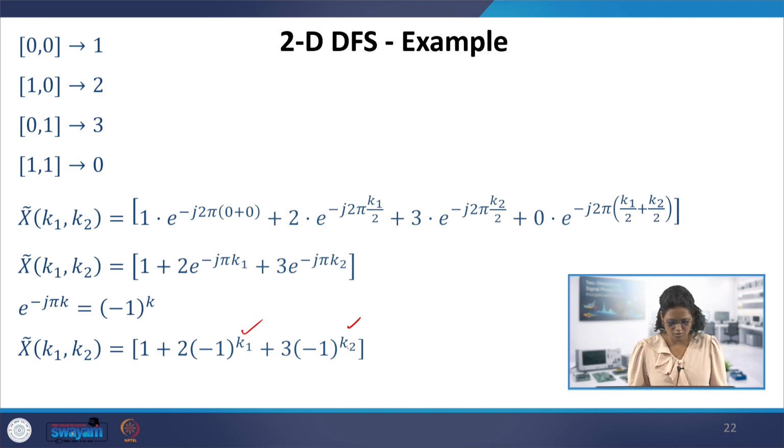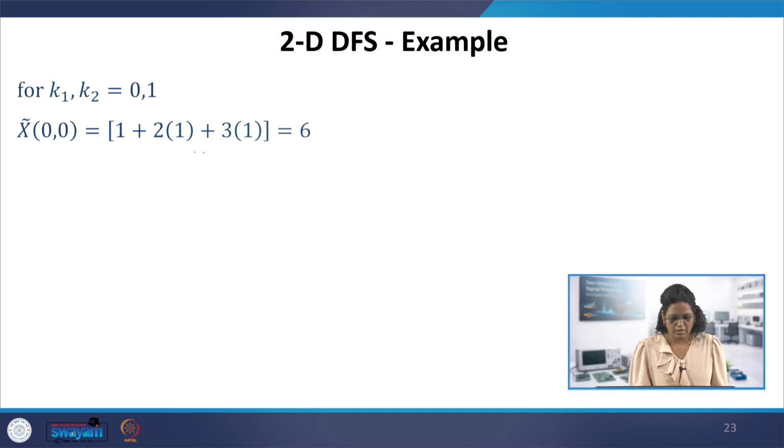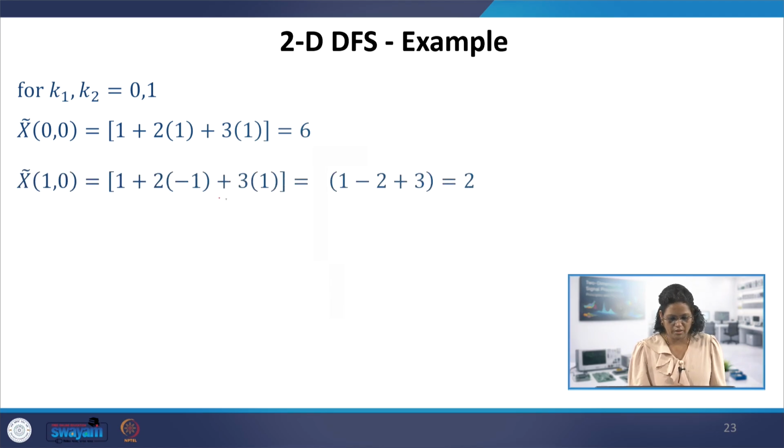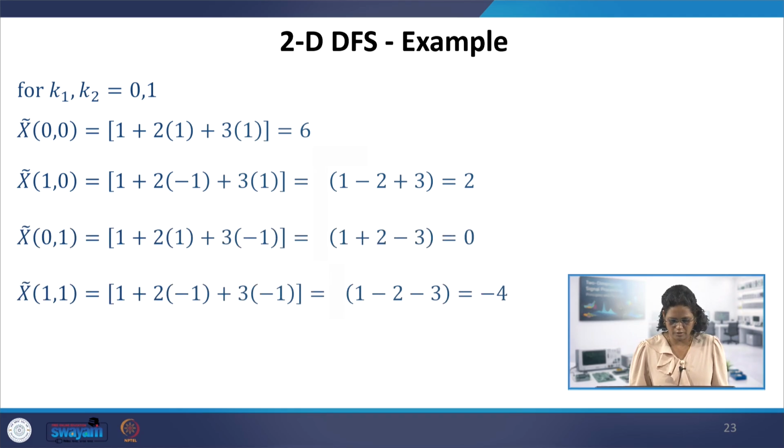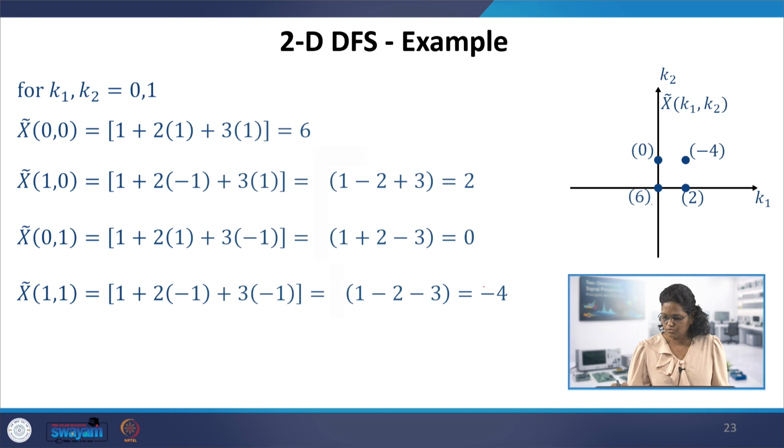Now varying k1 and k2 over 0 and 1, substituting in the expression, we get 6, and for 1, 0 we get minus 1 and 1, so this is going to be 2, and similarly this is 0, and here we have minus 4. So 6, 2, 0 and minus 4 are the values we get.